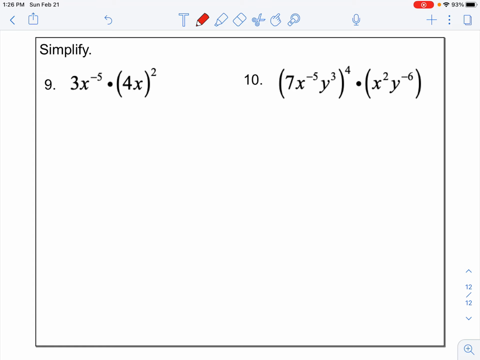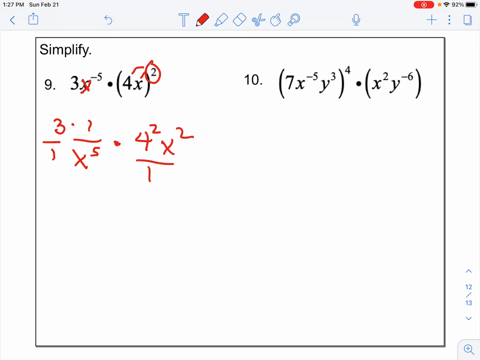So here I have 3x to the negative 5. Only the x is being raised to the negative 5. So this is going to be 3 times 1 over x to the 5th, or 3 over 1. And then I'm multiplying by 4x squared, which again I have to raise each of those pieces to the second power, which would be 4 squared and x squared.